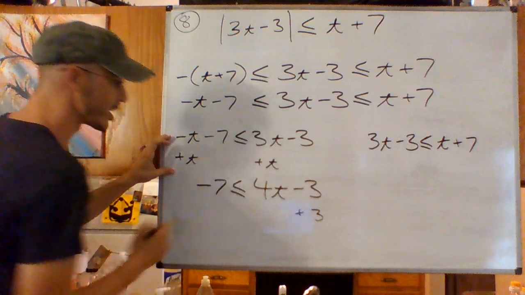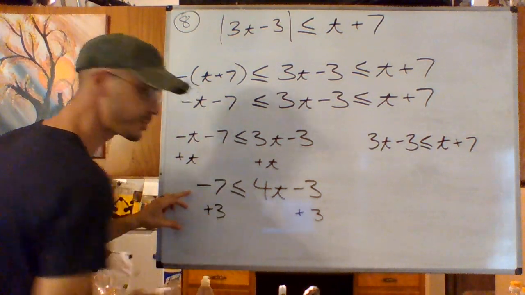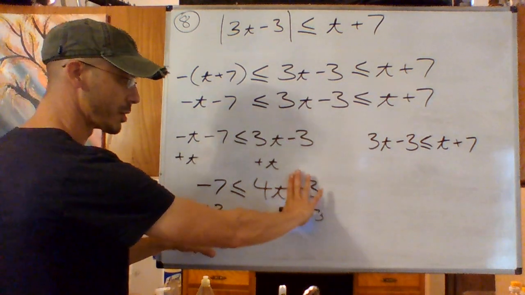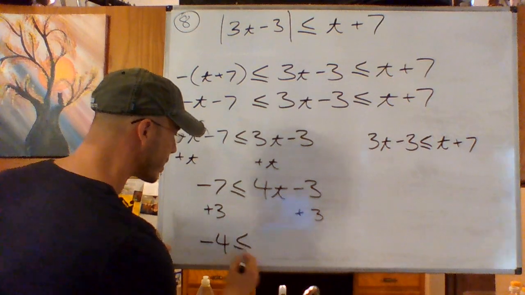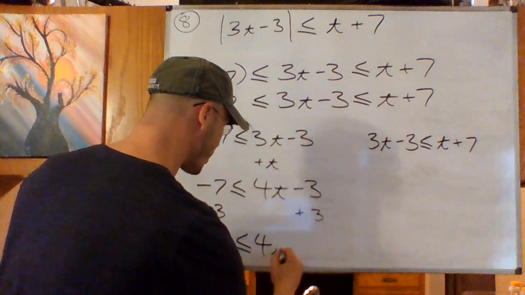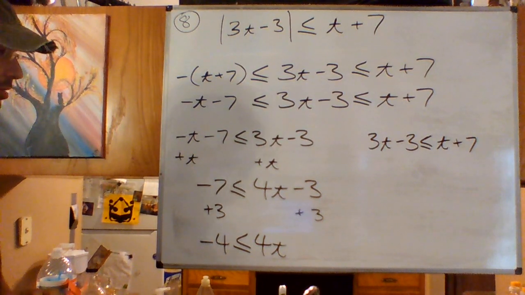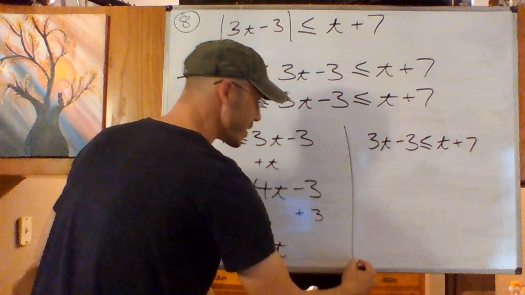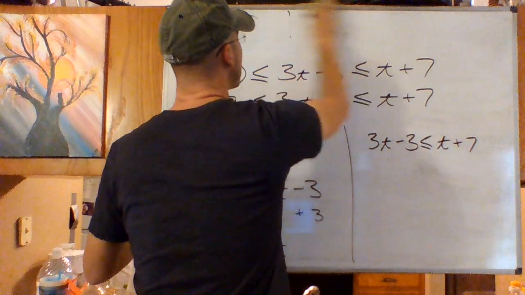It's just at this point I should have negative 7, and when I add the 3 to get rid of this minus 3, it's negative 7 plus 3 is negative 4, less than or equal to 4t. I still need to work on this one, so I'm going to have to continue this up here.